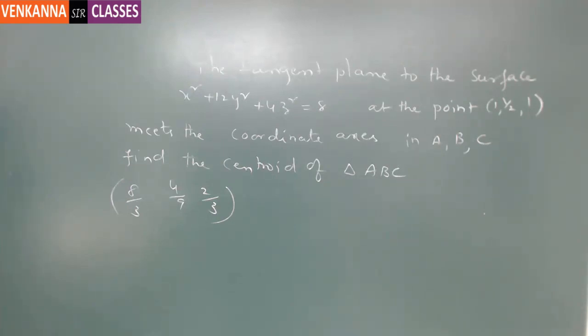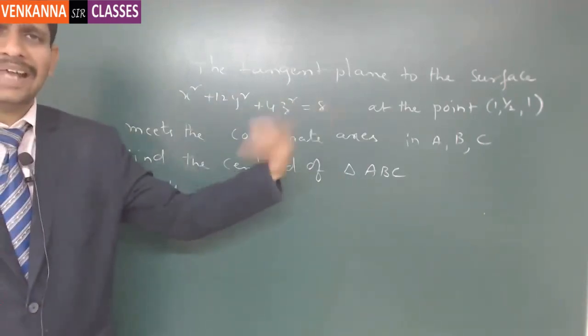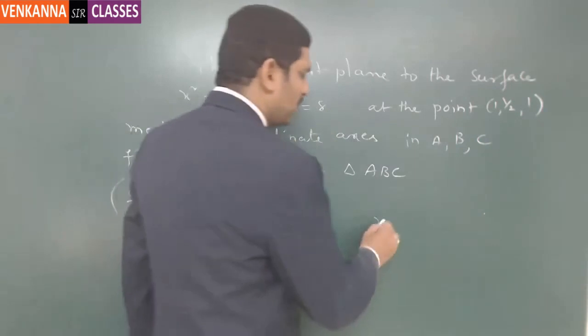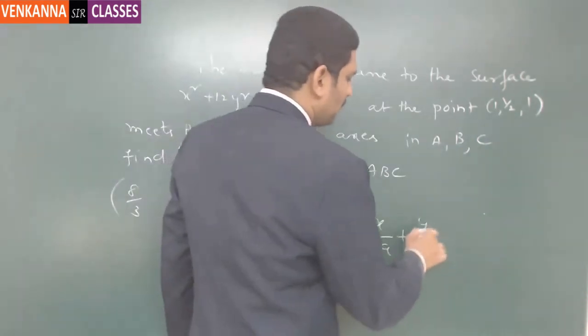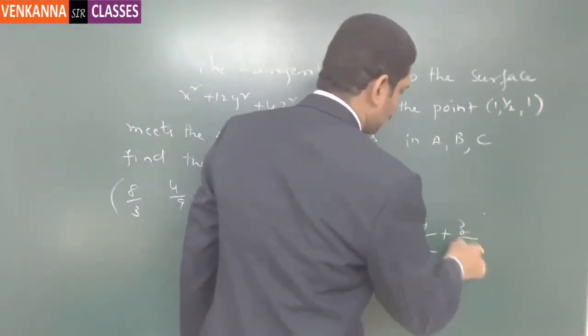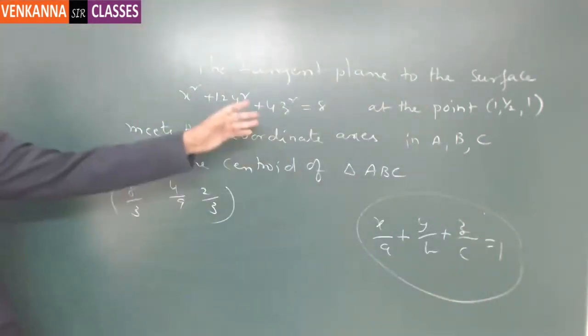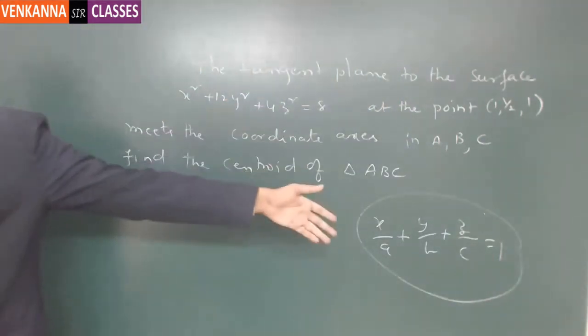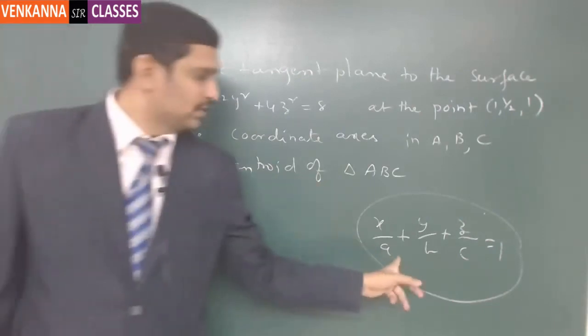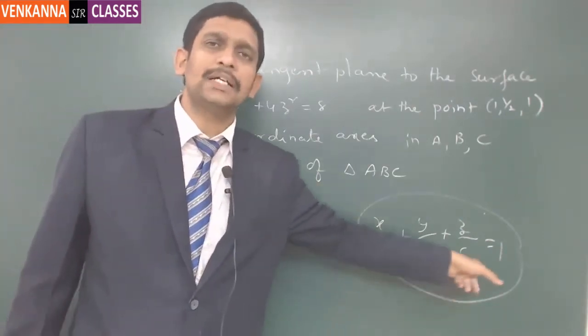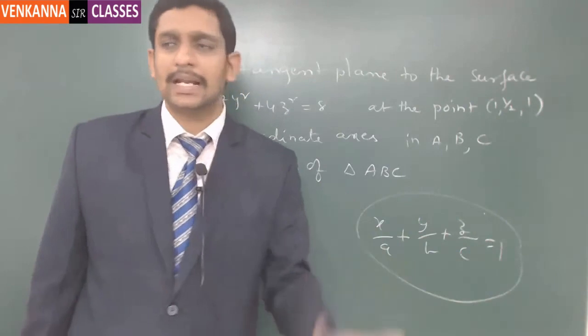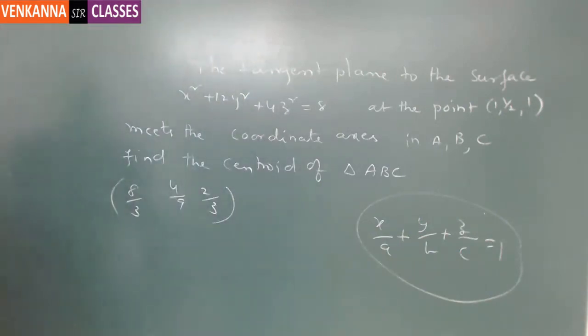Convert that tangent plane into intercept form. After finding the tangent plane, you convert this into intercept form. So x-intercept, y-intercept, z-intercept you will get. So calculate the centroid. That's it.